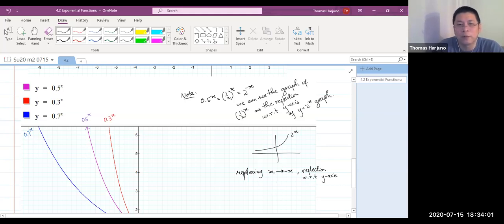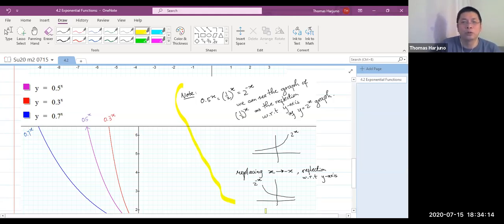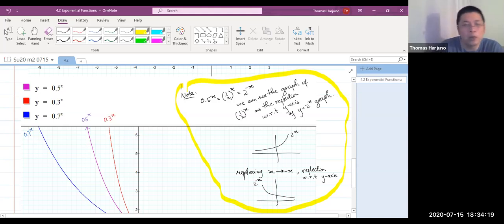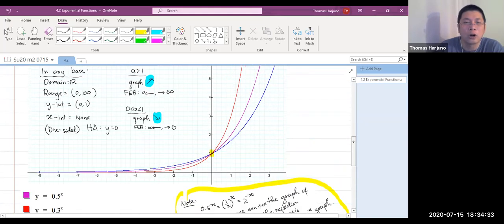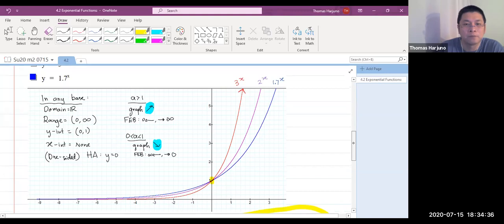So when you reflect that with respect to the y-axis, it looks like this. Okay. That's a very good note that helps us see that 0 point something to the x is basically the reflection of some number greater than 1 to the x with respect to the y-axis. Hopefully that helps us see the far-end behavior.